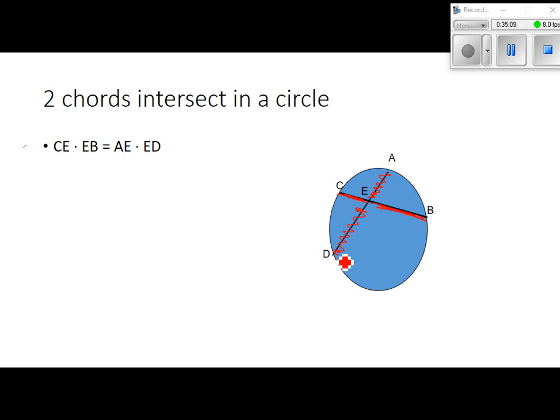So if you know three of the parts, maybe this one's 3, this one's 4, this one's 6, and we're looking for this part. Then we do 3 times 6 has to equal 4 times x. And you solve that. It's that simple. This part times this part has to equal this part times that part. Every single time, if it's two chords that intersect inside the circle.